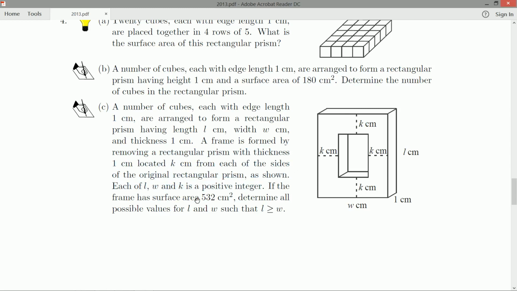Okay. If the frame has surface area of 532 centimeters squared, determine all possible values for L and W so that L is greater than or equal to W. Okay. So, surface area. Well, we're probably going to have to figure out a formula for surface area of this figure. Now, fortunately, they have given us a whole bunch of information. It was a rectangular prism, and then we removed a smaller rectangular prism.